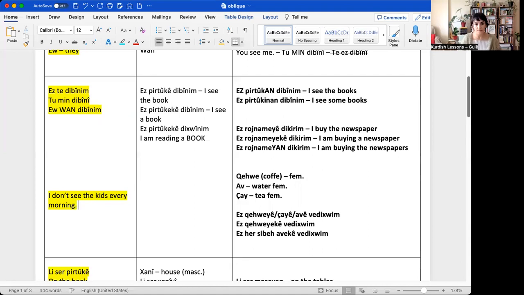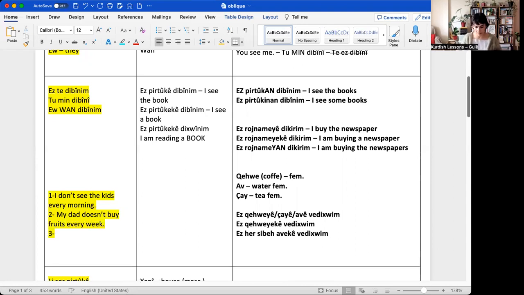The second one, my dad doesn't buy fruits every week.